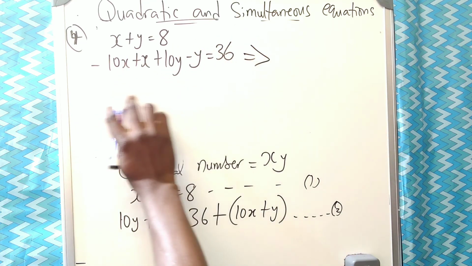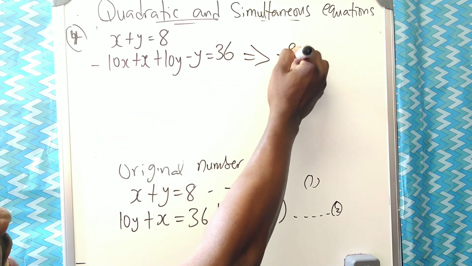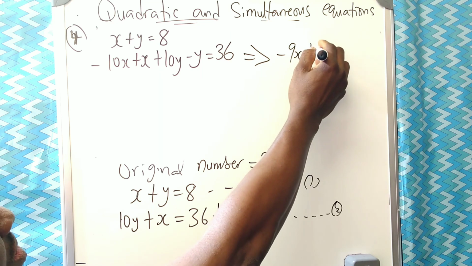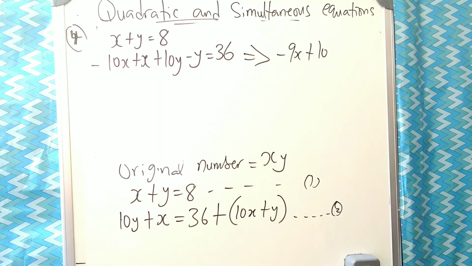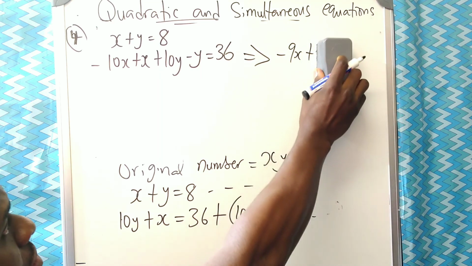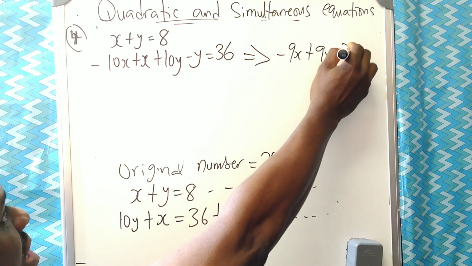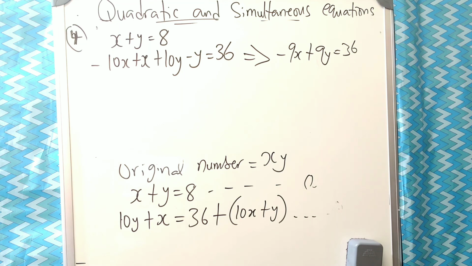It becomes minus 9x plus 9y equals 36. And we can cut it further because 9 goes into both 36 and 9.